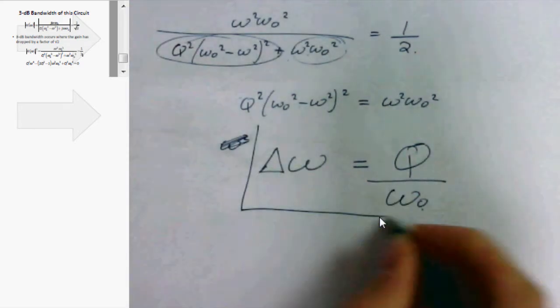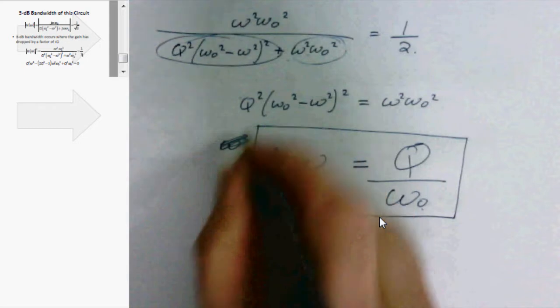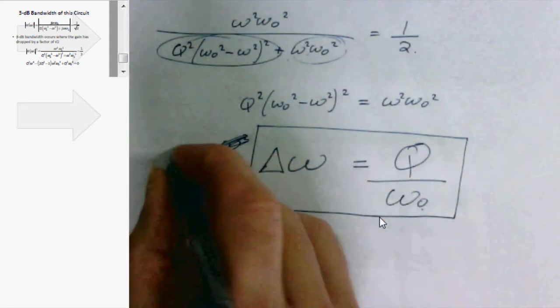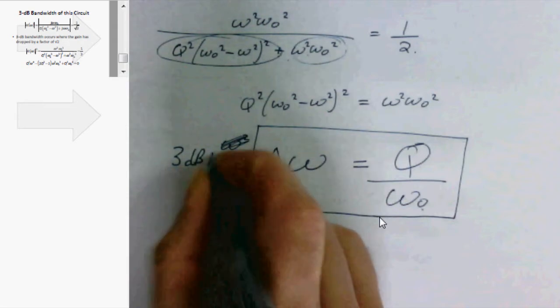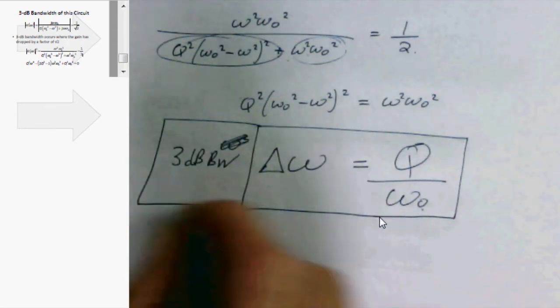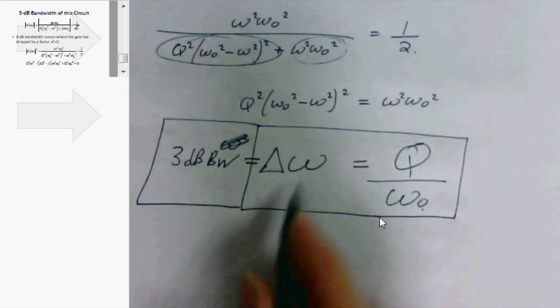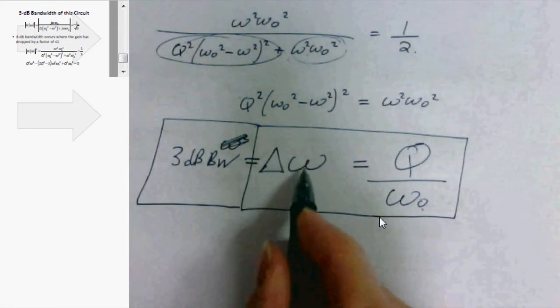That is a very simple result that comes out from the end of some rather unpleasant algebra. This is the 3 dB bandwidth of this bandpass filter, the difference between the two frequencies at which it's dropped by 3 dBs.